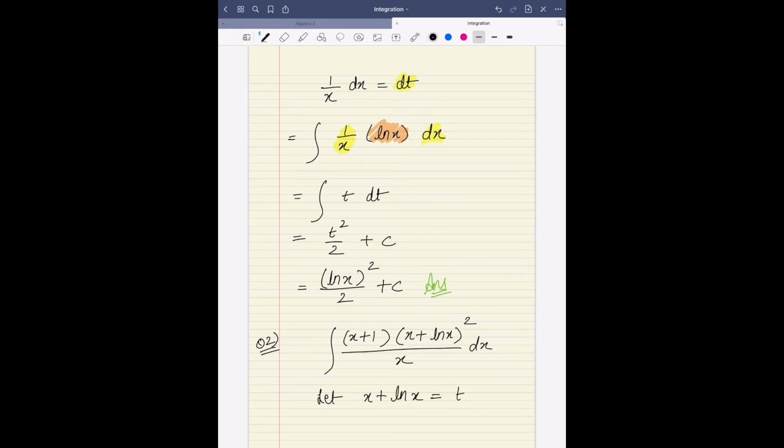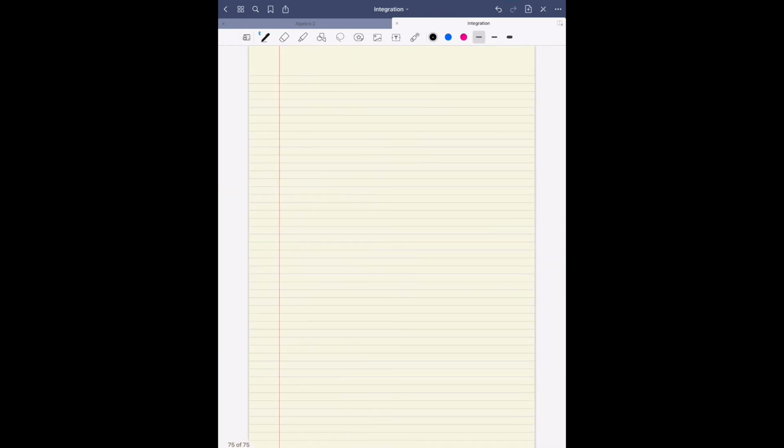Step 2, differentiating with respect to x. So I'm just putting with respect to x on both sides. What do we get? X becomes 1, ln x becomes 1 by x, dt by dx. Transfer the dx to the other side, we'll get 1 plus 1 by x dx is equal to dt.